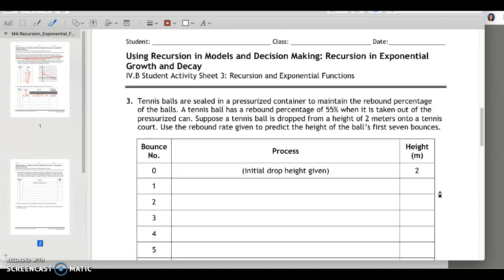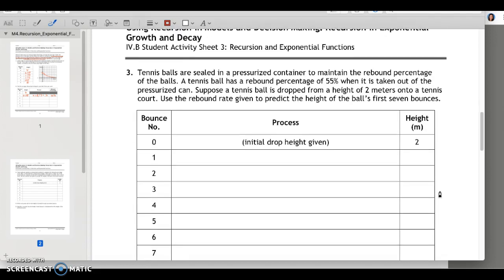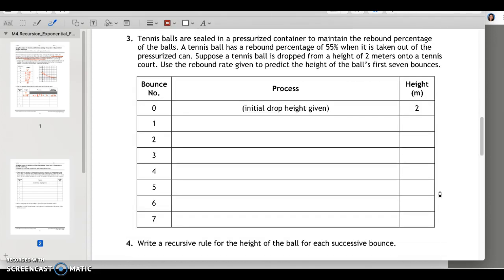Let's take a look at number 3 briefly. It says tennis balls are sealed in a pressurized container to maintain the rebound percentage of the balls. A tennis ball has a rebound percentage of 55% when it is taken out of the pressurized can. Suppose a tennis ball is dropped from a height of 2 meters onto a tennis court.